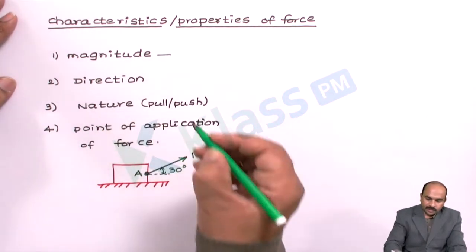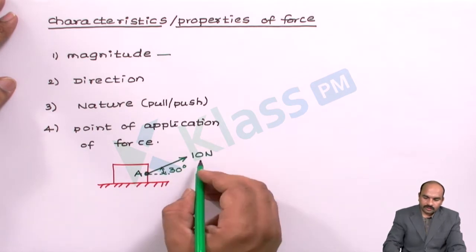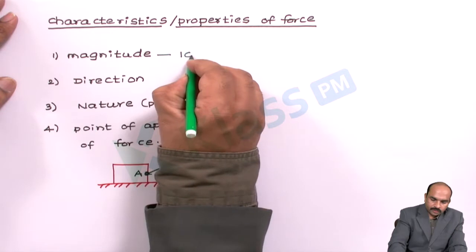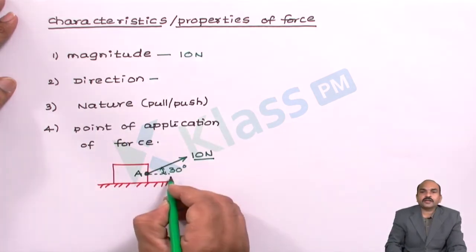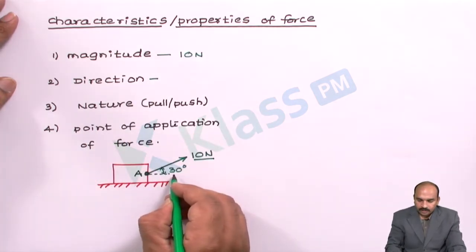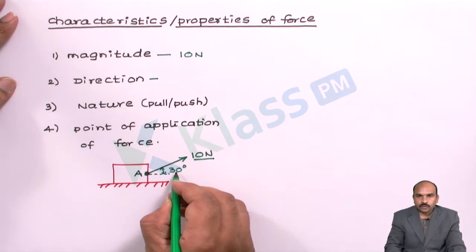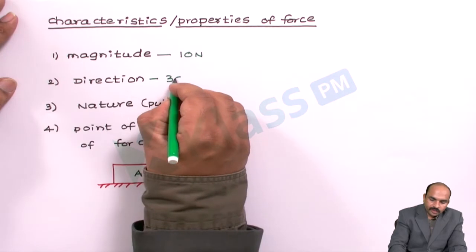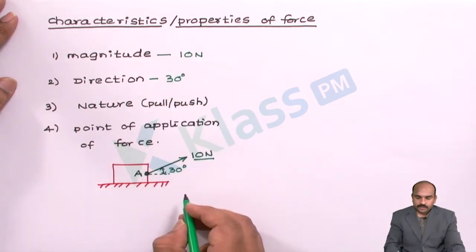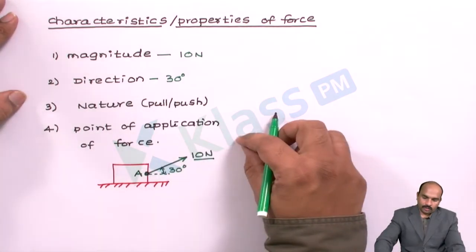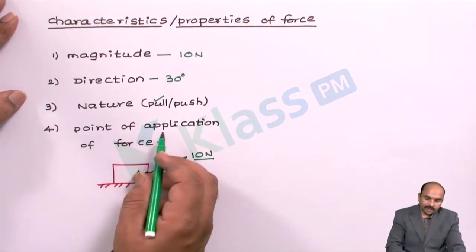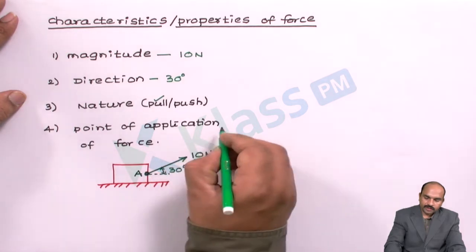The magnitude of force is 10 newtons. Direction means the angle of this force, that is 30 degrees. The nature of the force here is a pulling force. The point of application of force is A.